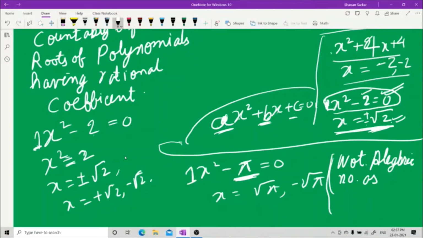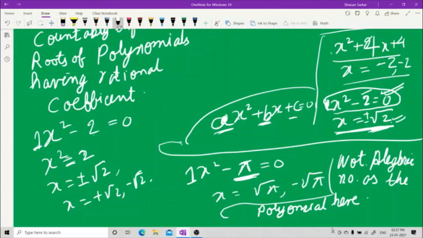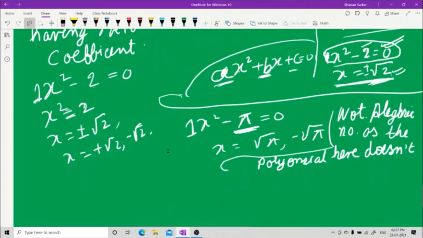As the polynomial here does not have rational coefficients. Now see what I mean.